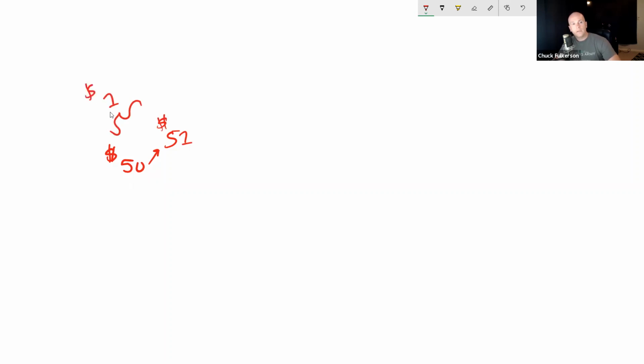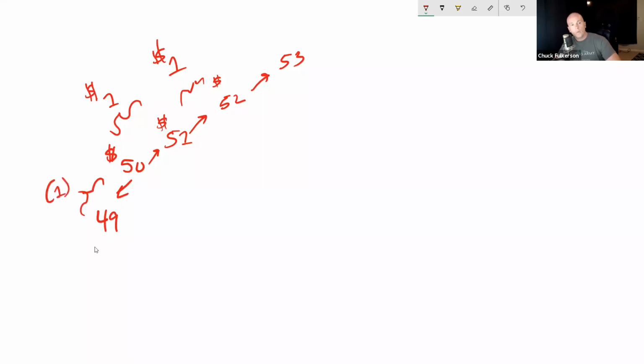Stock goes from 51 to 52, I have made $1, all the way up to 53. And if the stock goes down to 49, I have lost $1. So when we look at this, we're looking at what is called a delta.